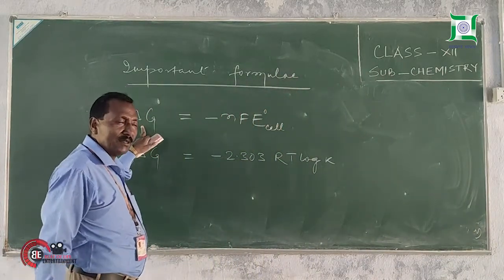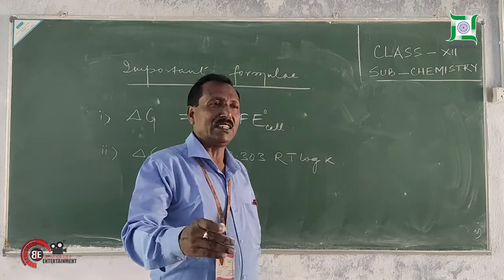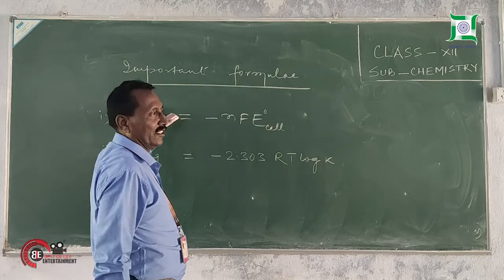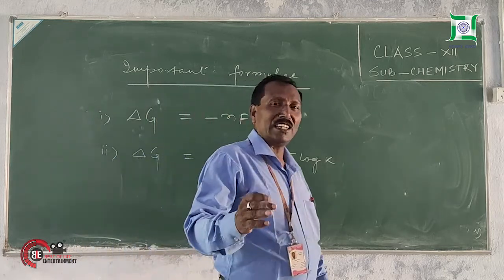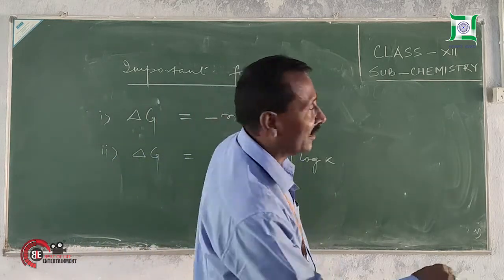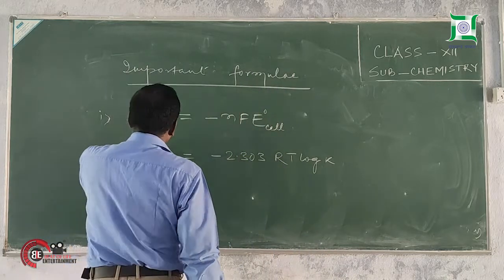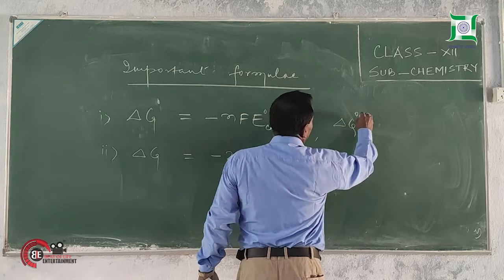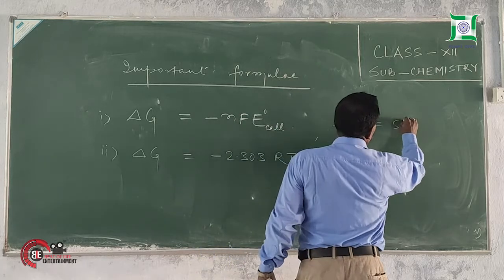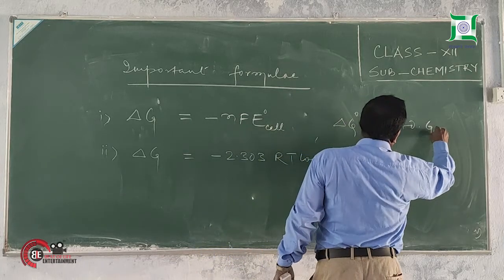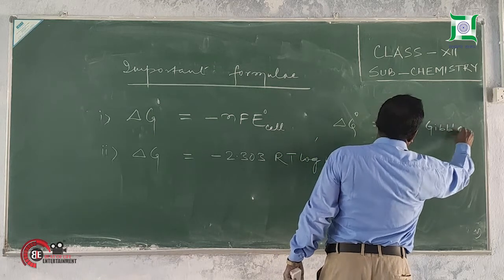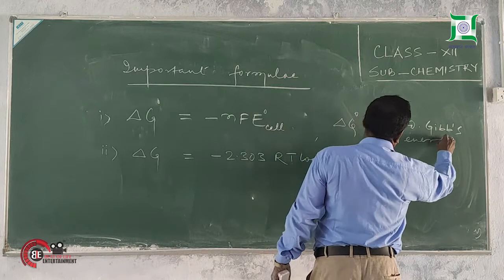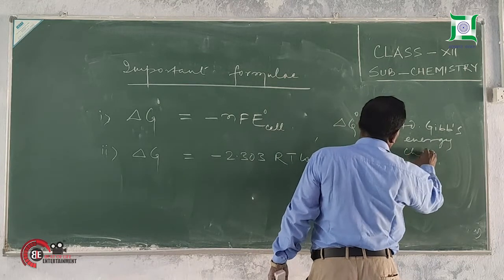You might have studied in class 11 in thermodynamics delta G naught, the standard Gibbs free energy change. So delta G naught is equal to the standard Gibbs free energy change.